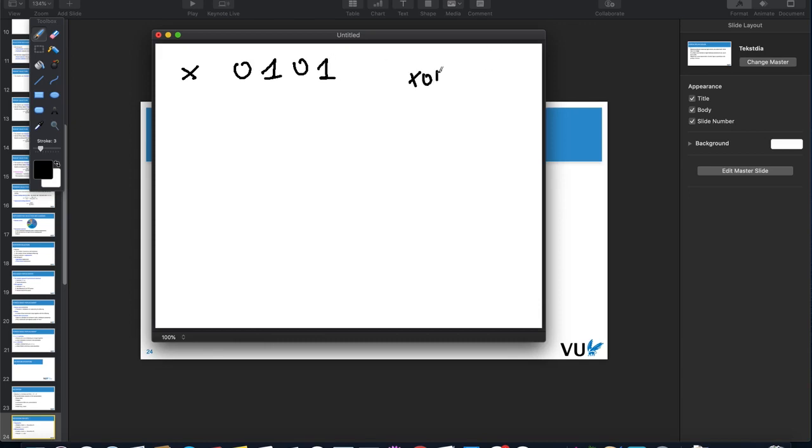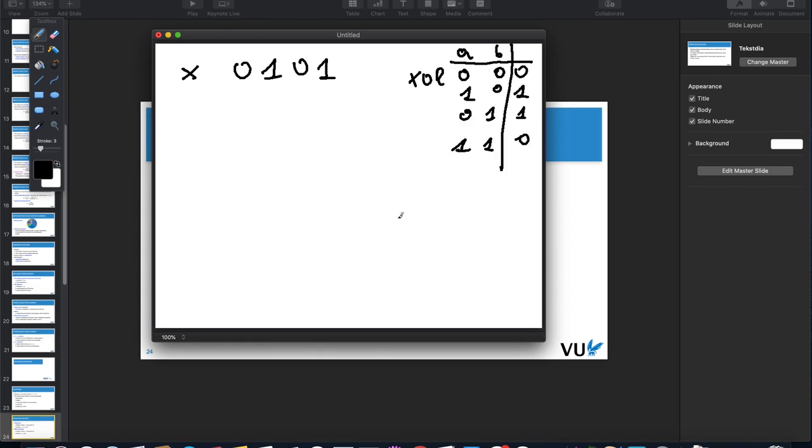Maybe let's define it. We have A and B, and this is the result. If we have 0, 0, it's 0. If we have 1, 0, it's 1, yes, I think. And for 1, 1 it's 0.